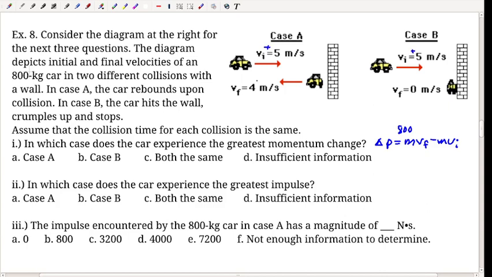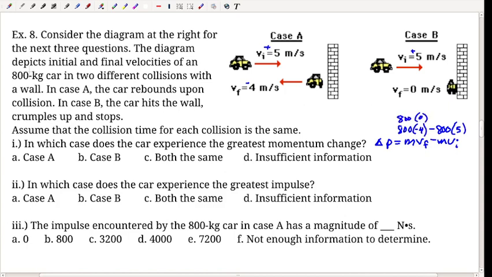This is plus 5, and this is going to be a minus 4 or 0. So this is going to be either 800 times minus 4 or 800 times 0, and this is always going to be 800 times 5. So in either case, we're going to have a negative change in momentum. It's either going to be 800 times minus 4 or 800 times 0, whichever you like.